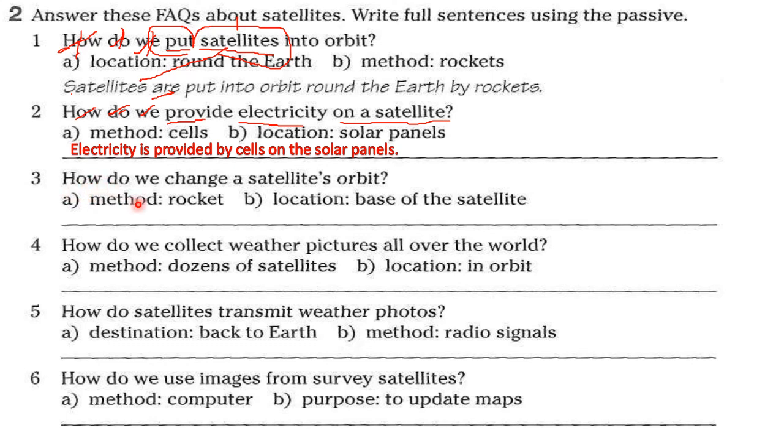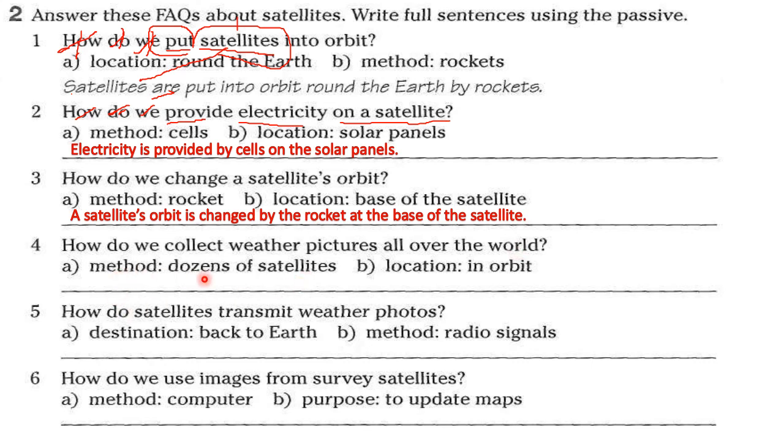Number 3, how do we change a satellite's orbit? The method, by rockets. Location, where? Base of the satellite. A satellite's orbit is changed by the rocket at the base of the satellite. Number 4, how do we collect weather pictures all over the world?